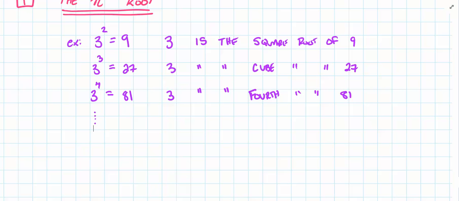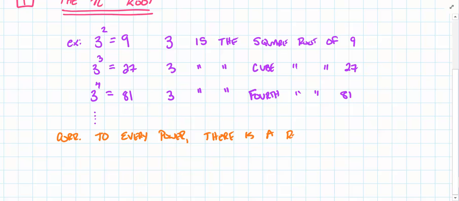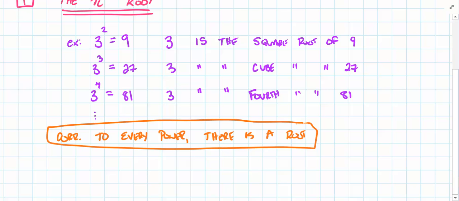Okay, so what can we say here? Well, it seems that corresponding to every power, there is a root. So corresponding to every power that I keep going, there seems to be a root.